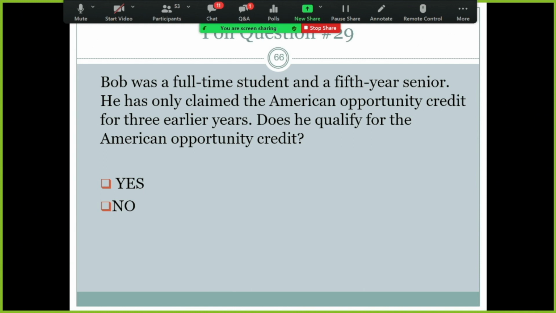Okay, the next poll question, number 29. Bob was a full-time student and a fifth-year senior. He has only claimed the American Opportunity Credit for 3 years earlier. Does he qualify for the American Opportunity Credit? Yes or no?